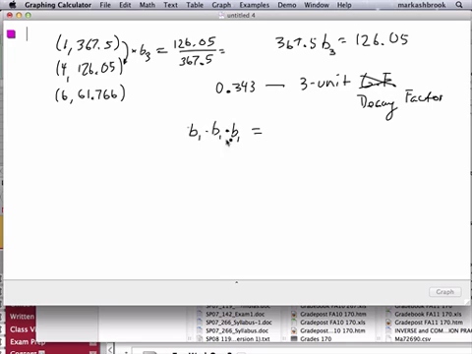If we multiplied that number together 3 times, it would be the same as multiplying by 0.343 once. So it's a number that advances 1 unit. So 3 of those multiplied together will be the same as the number that advances us 3 units. So B1 cubed equals 0.343, or the third root of 0.343.